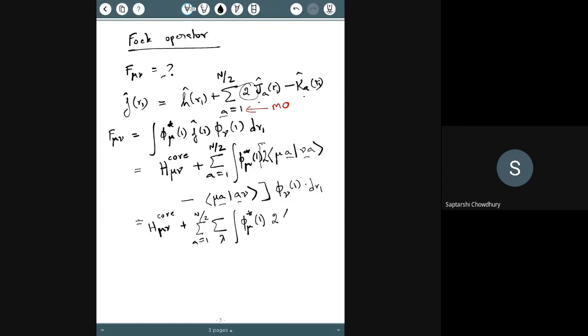I don't have enough space to write it. Sorry, one second. Let me erase this. That's why a blackboard is better than an iPad. You have more space to write. So it is this plus sum A equal to 1 to n by 2.